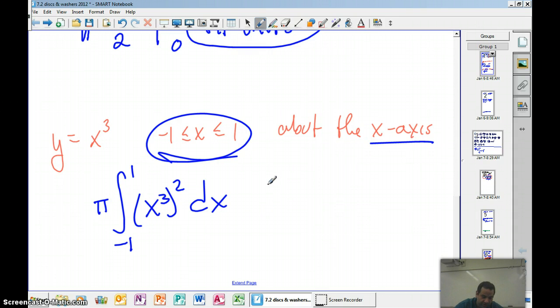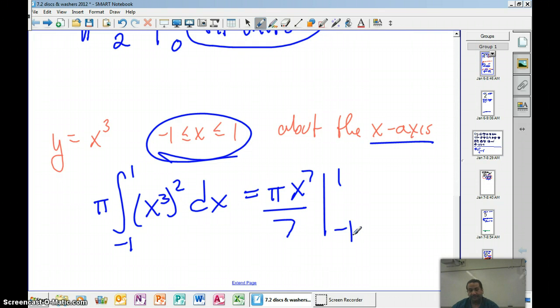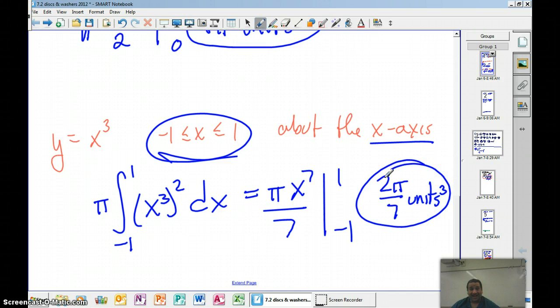When we take the integral, it'll be pi x to the 7 over 7, evaluated at 1 and -1. When I do that, I get 1/7 minus -1/7, so I get 2/7 times pi cubic units. Nice.